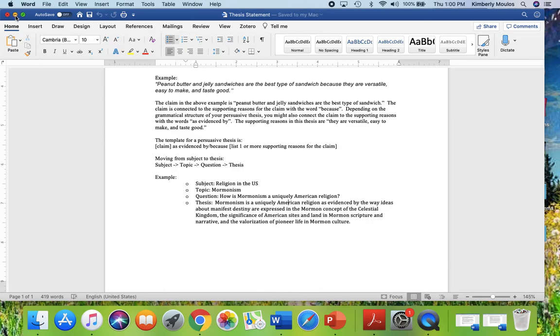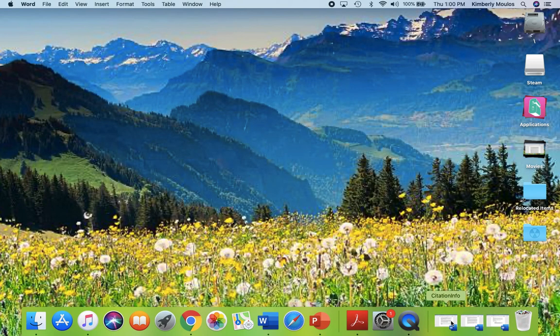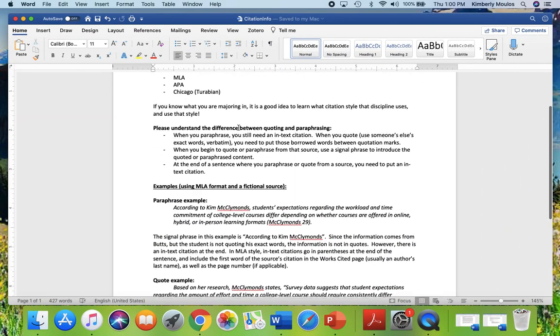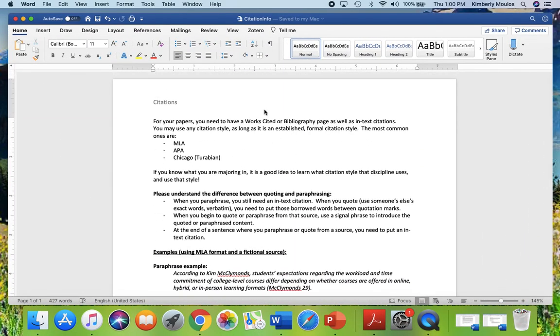Okay, so now I am moving to the third and final handout. We're almost done. So this is the handout on citations. For your papers, you need to have a works cited or bibliography page, as well as in-text citations. Sort of a side note is that whether it's called works cited or bibliography differs based on which citation style you use.